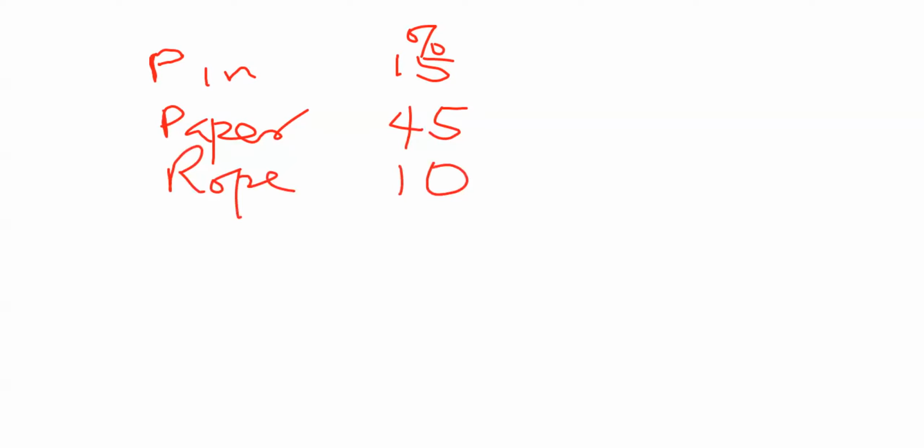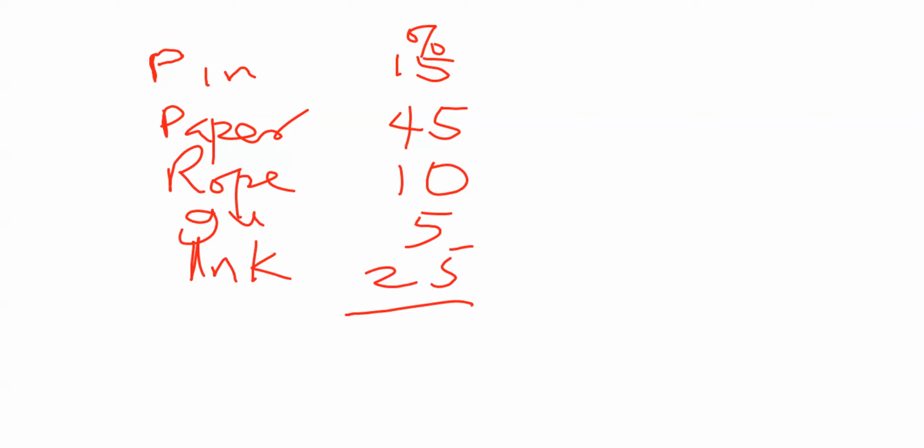Paper 45%. Rope 10%. Gum 5%. Ink 25%. Is that all?